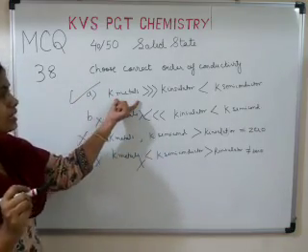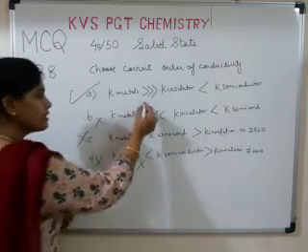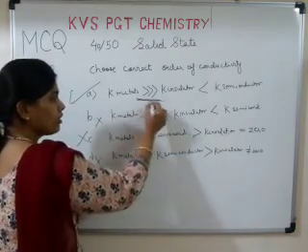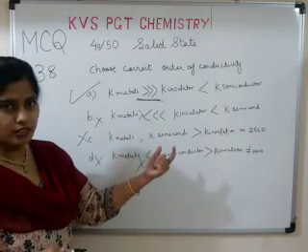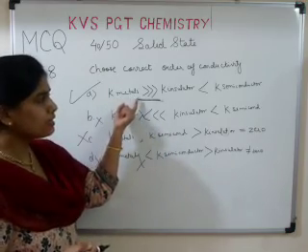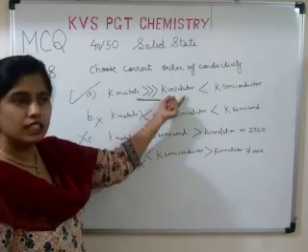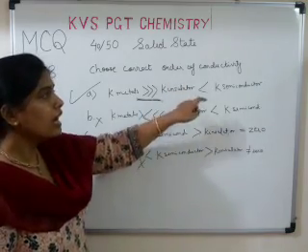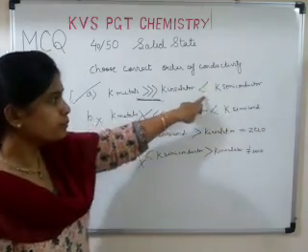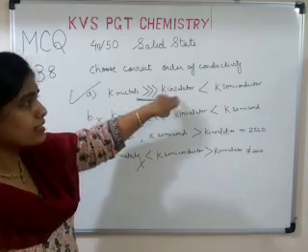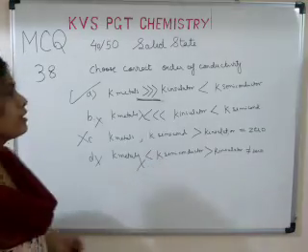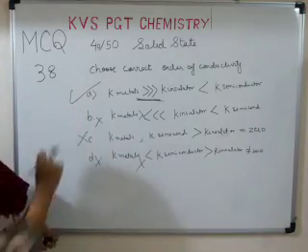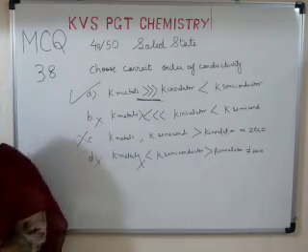Conductivity of metal, the symbol is called as much greater than. So conductivity of metal is much greater than conductivity of insulator. Correct. And the conductivity of insulator is less than the conductivity of semiconductors. This is also correct. So the correct option is option number A.